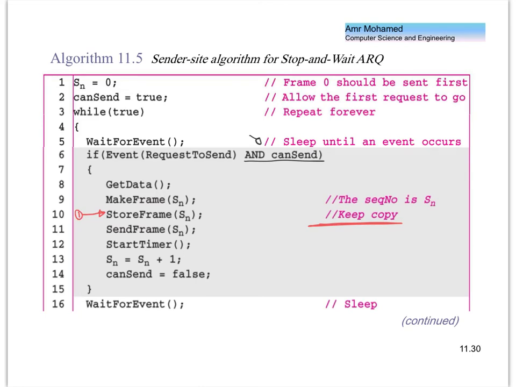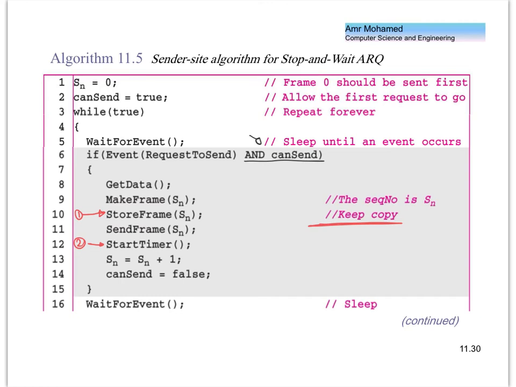In addition to get data and make frame, we have to keep a copy. Number two, as we said, we have to handle the timer. With every frame to be transmitted, we have to start the timer, because we cannot wait forever.